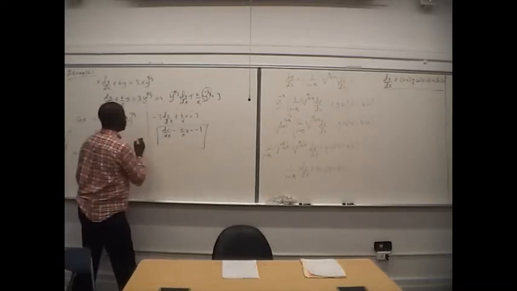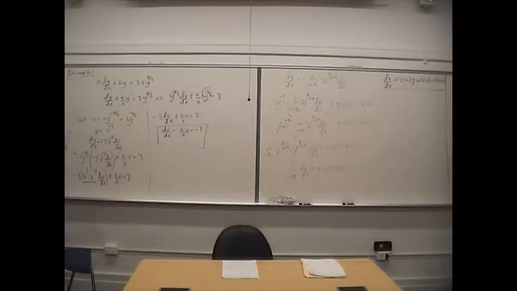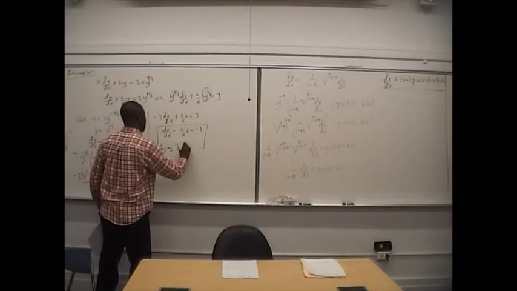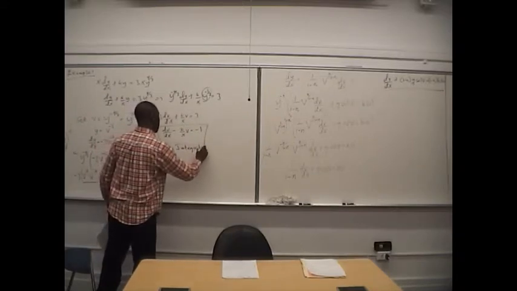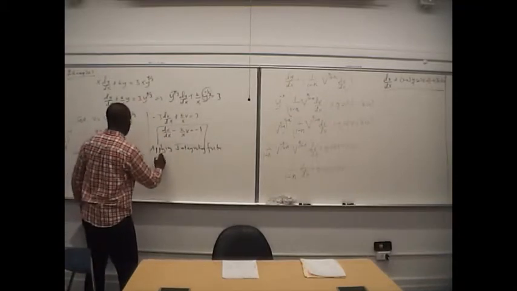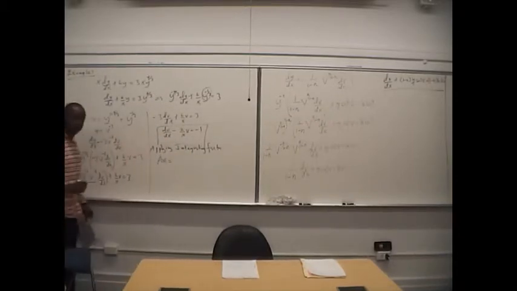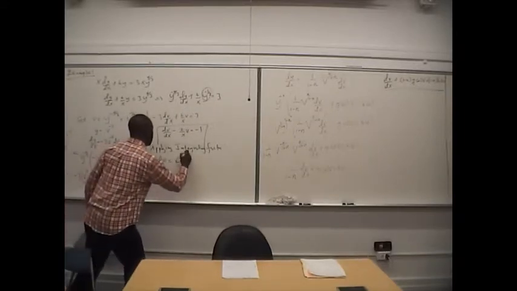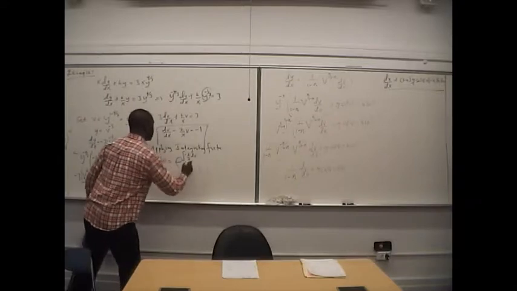And now this is a linear differential equation in terms of v. So applying integrating factor, what will be the expression for my integrating factor? What is my q of x? Negative 2 over x. So this is e^(integral of -2/x dx).